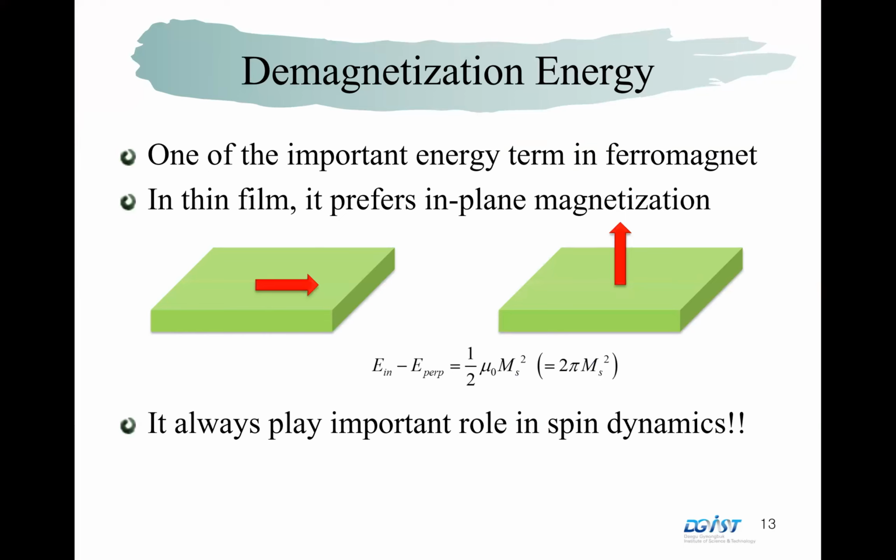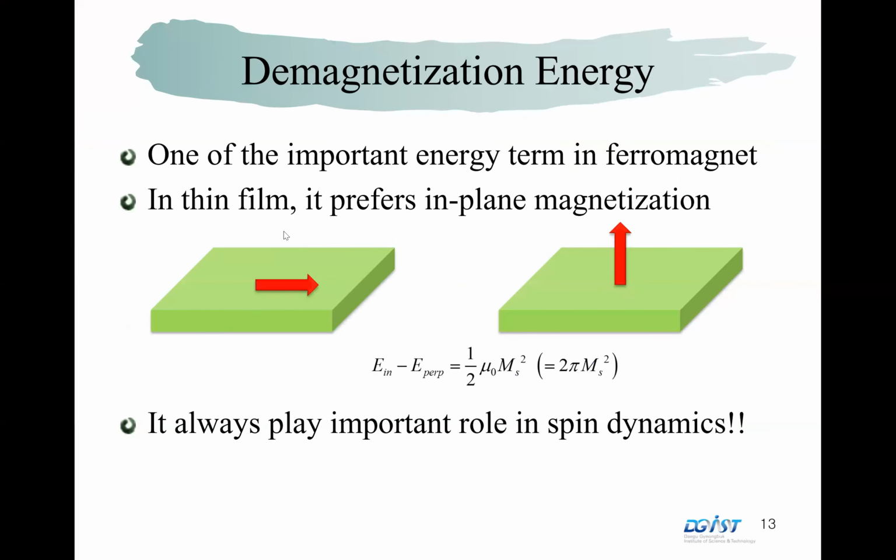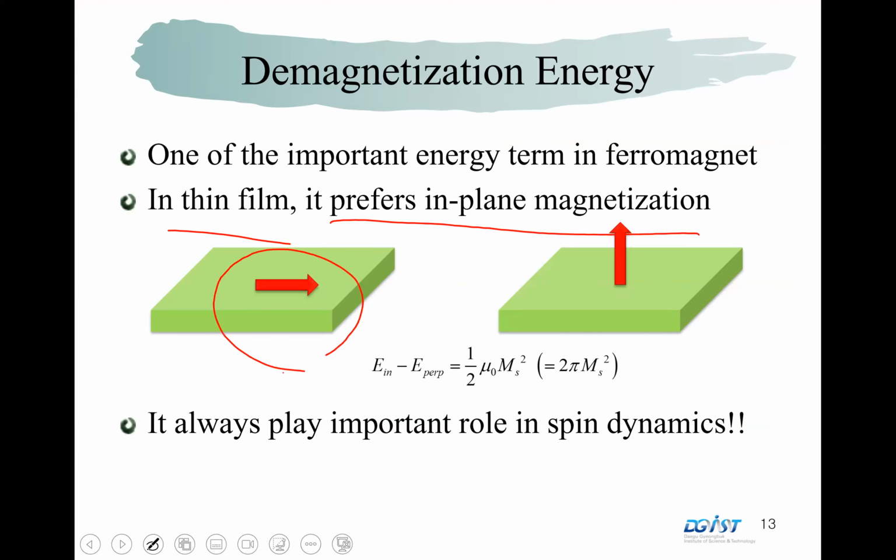So let's get to the PMA things. In thin films, they always prefer the in-plane orientation. When we make the magnetic moment point in the perpendicular direction, the energy difference between the in-plane condition and the perpendicular condition is always this amount: 1 over 2 mu 0 Ms squared, or 2 pi Ms squared.